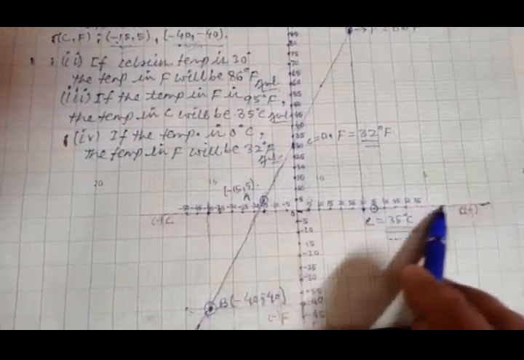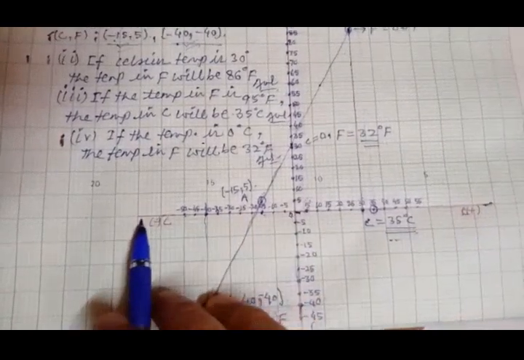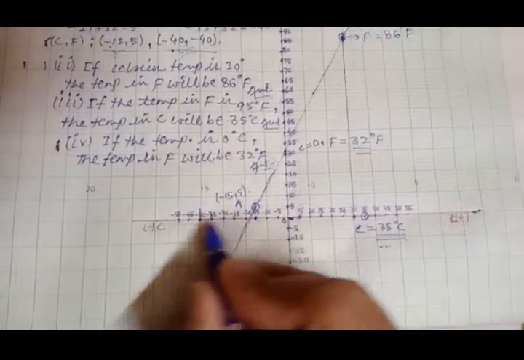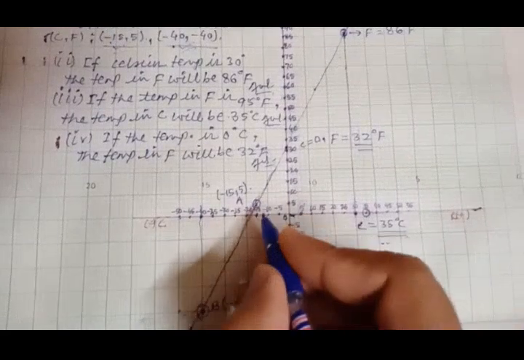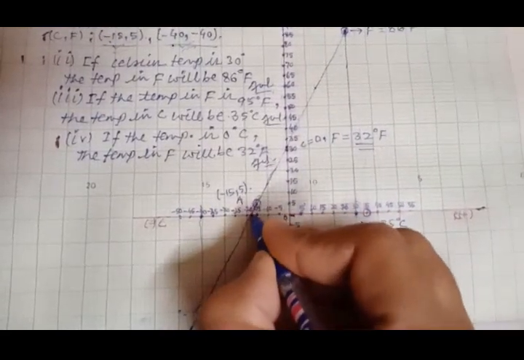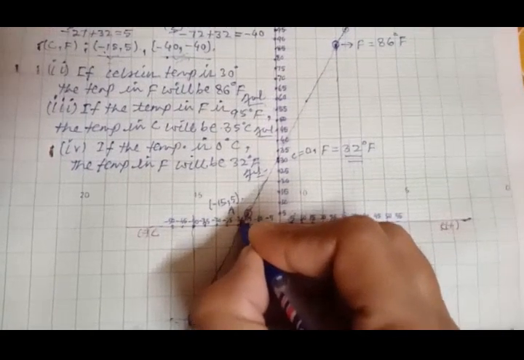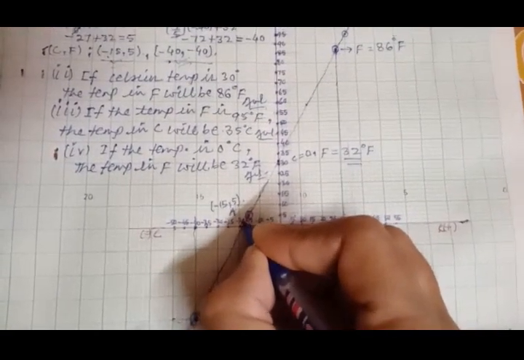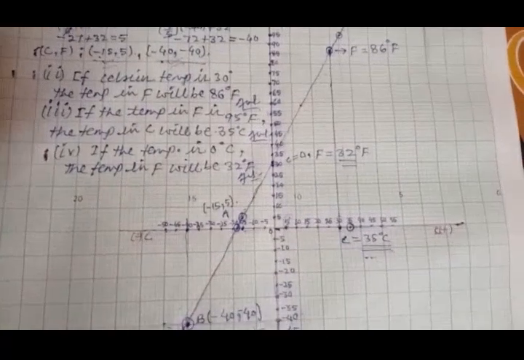So that's the axis where the Fahrenheit reading is 0, and on this axis we have to judge a point which lies on the straight line as well. So yes, that's the point which lies on the Celsius axis as well as on the straight line.